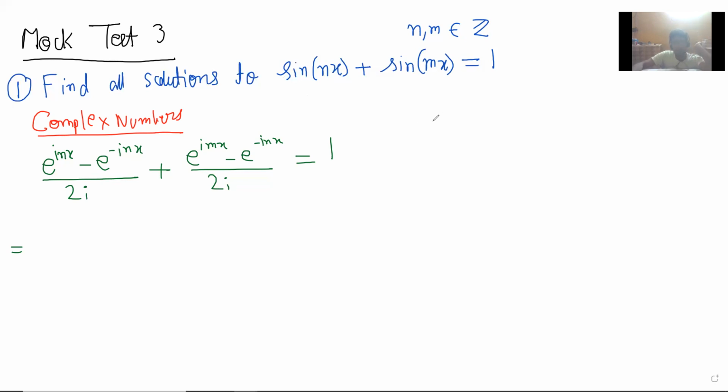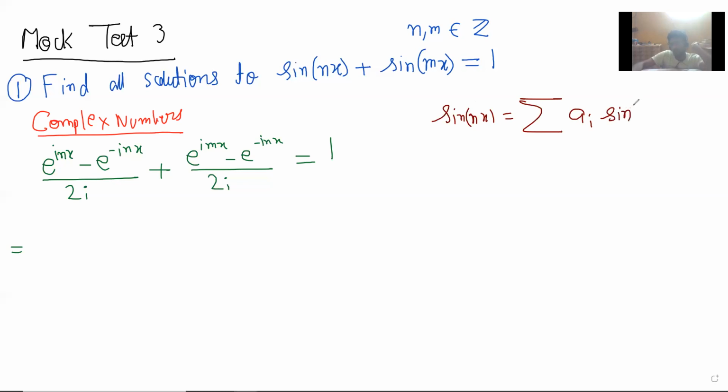So sine nx can be written as some summation, and these coefficients are also quite exact, but I don't remember them exactly, so I'm not writing it.